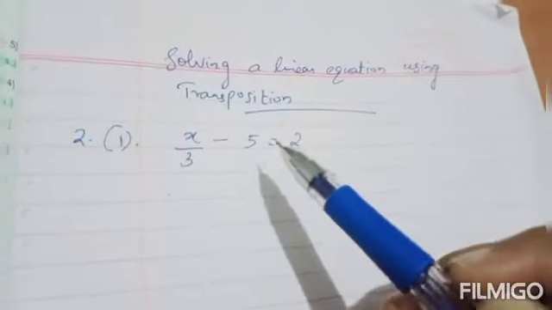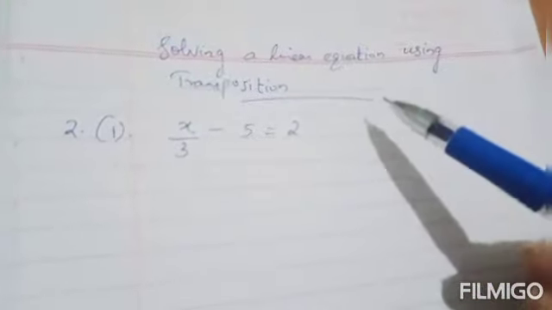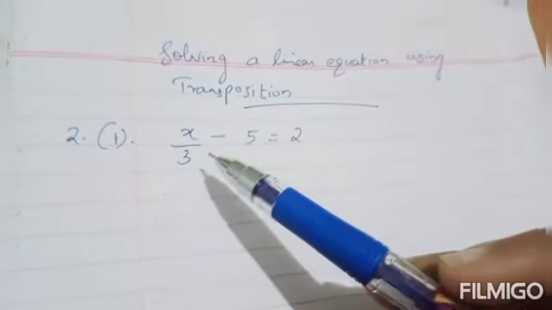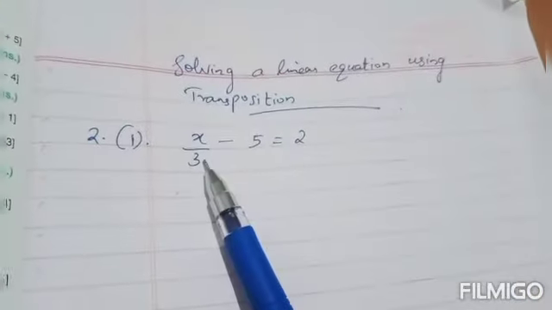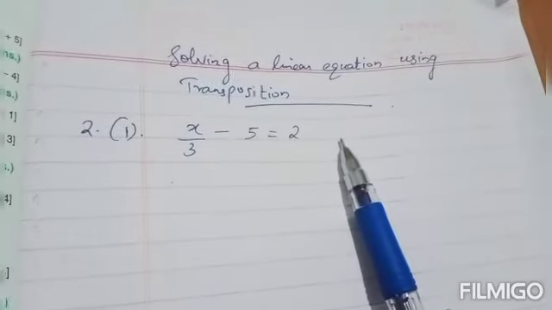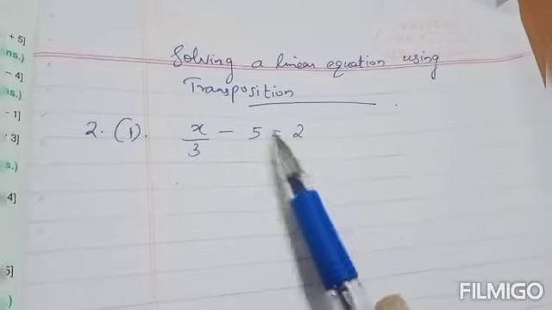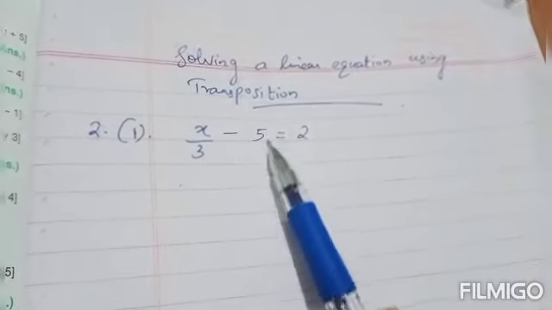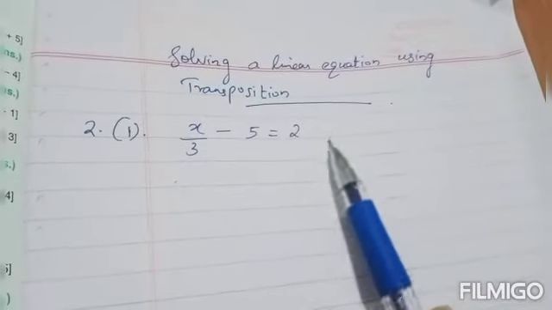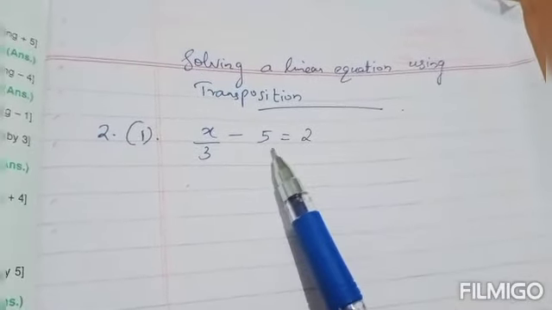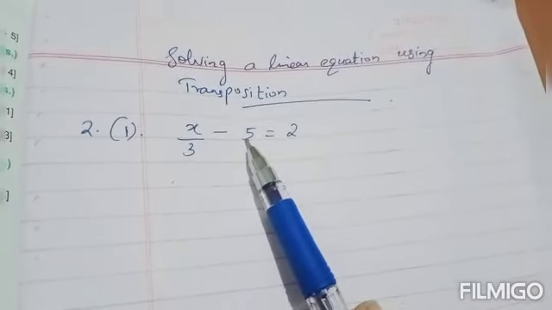In this method of transposition, you are transferring or transposing all numbers except the variable from one side of the equation to the other side. This is the left side of the equation, left of the equal to sign, and right of the equal to sign is the right side. On the left side x by 3 is coming and 5 is coming.